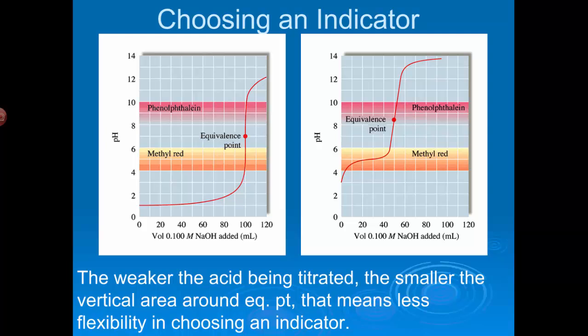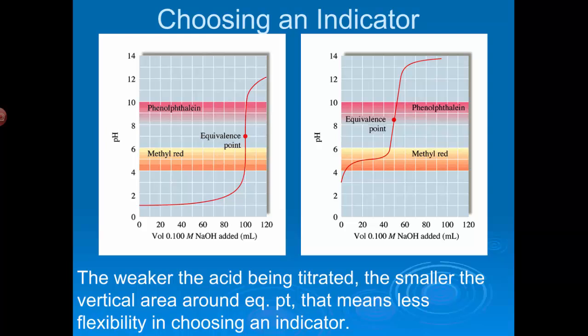You've got phenolphthalein and you've got methyl red. You have quite a bit of distance around that equivalence point, and so either of those two indicators would be a good choice. Phenolphthalein is a little bit more common, but methyl red would work as well.